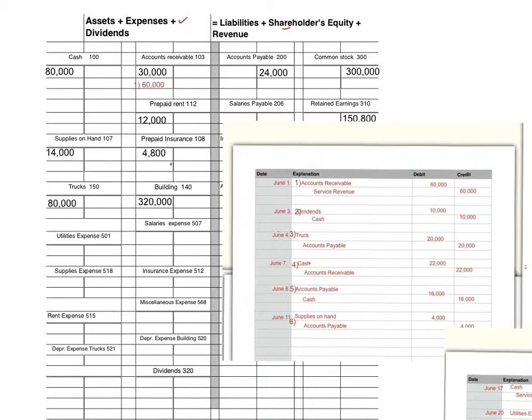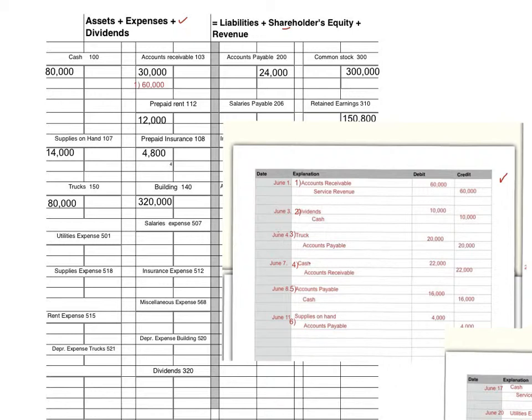So on June 1st, the first posting is a debit to accounts receivable, 60,000. I put it in accounts receivable on the debit side, and I tick it off. That has been done.